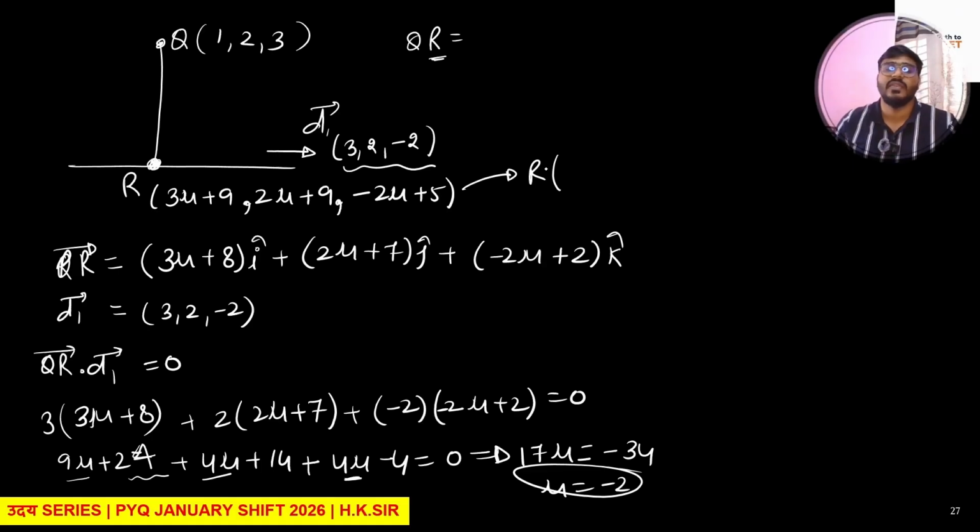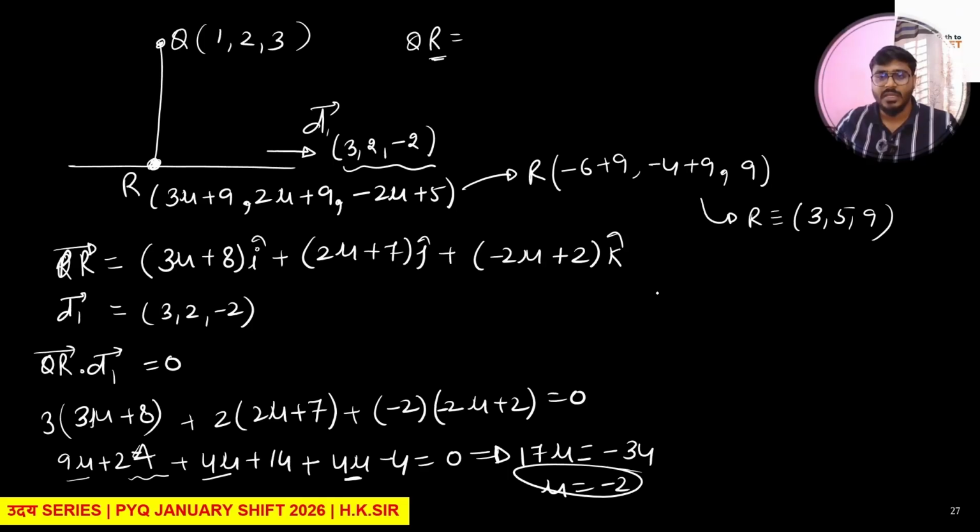So 3 × (−2) is −6, −6 + 9 is 3, comma, 2 × (−2) is −4, −4 + 9 is 5, comma, 9. So coordinates of R is (3, 5, 9). They are asking for QR, the distance between these 2 points, yes or no?